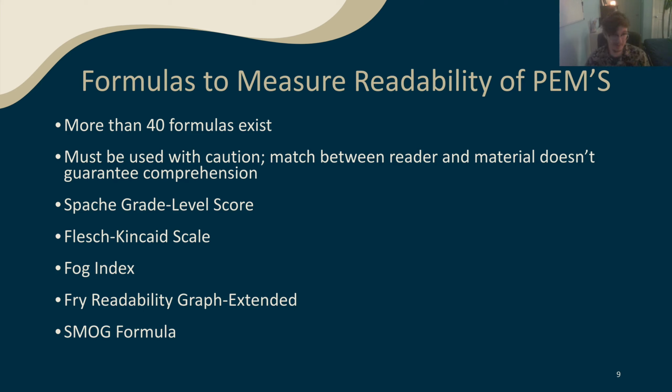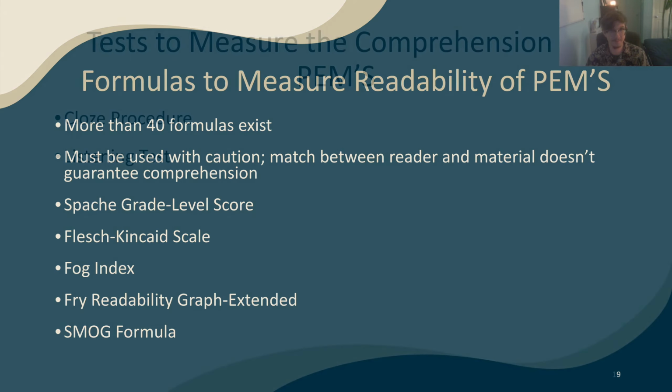Those are the kind of things that these formulas tend to grade printed educational materials on. They all do it in slightly different ways, and the book has a lot more details on them, but these are all used to measure the readability of these materials.